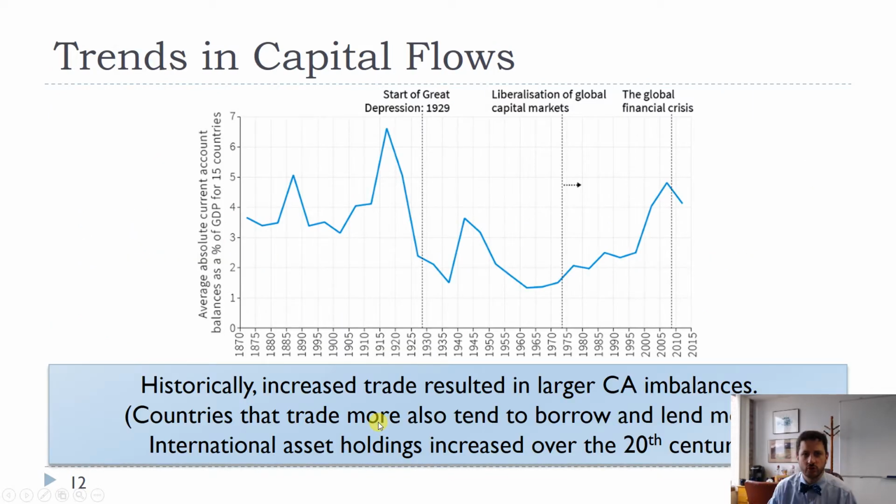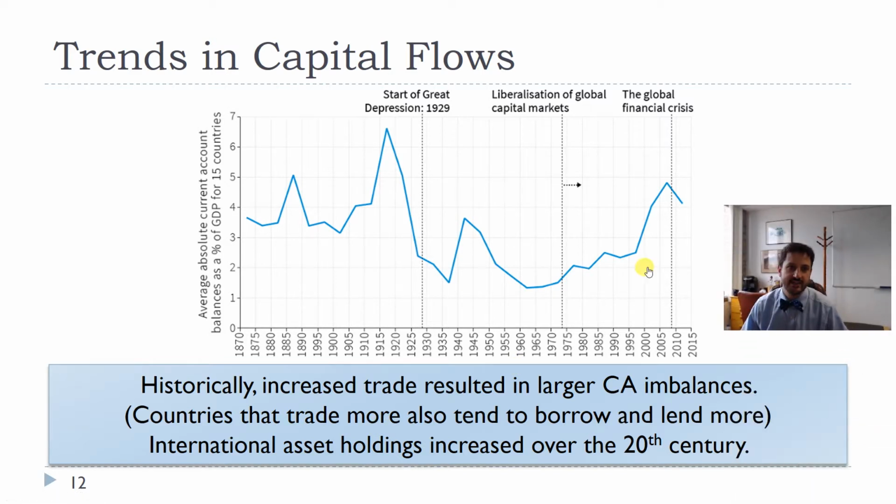So we can see these trends in capital flows. This goes back to 1870 and gives the absolute current account balances as a percentage of GDP for 15 of the richer countries. And you can see that it increased substantially in that first phase of globalization, up to about 6.5% by 1914.